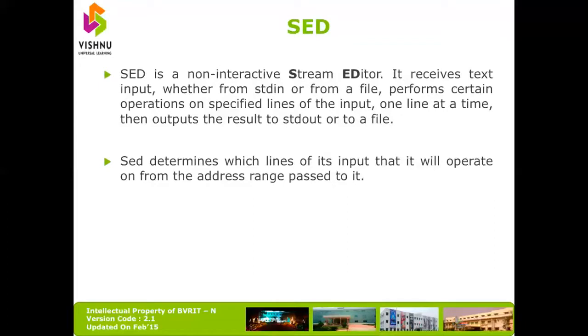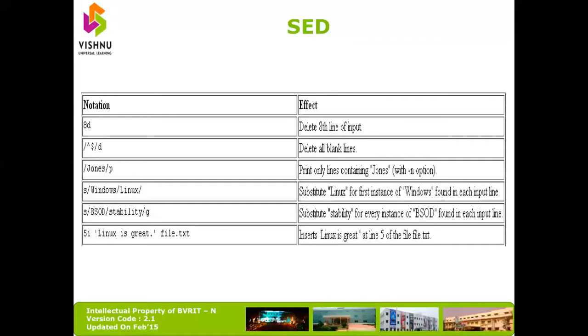It performs certain operations on specific lines of files or on some specific set of inputs. Also, SED determines which lines of its input it will operate on from the address range you pass to it. So once again, for a specific file, the line starts from 1, and 0 means nothing, unlike AWK.